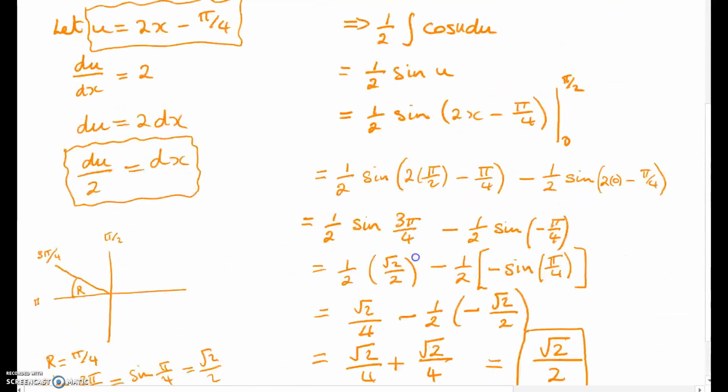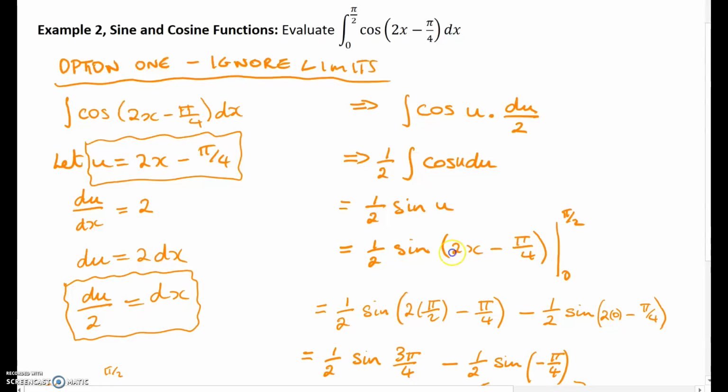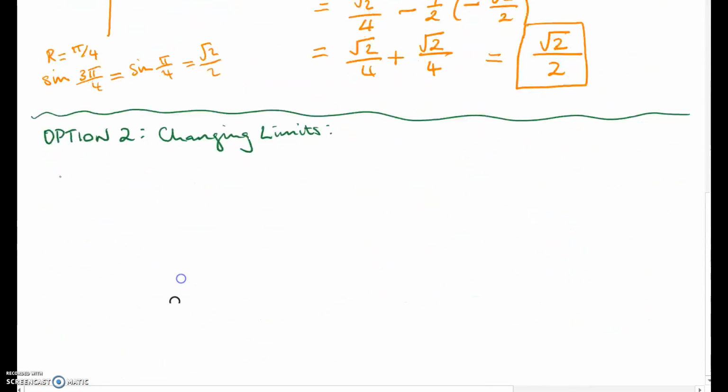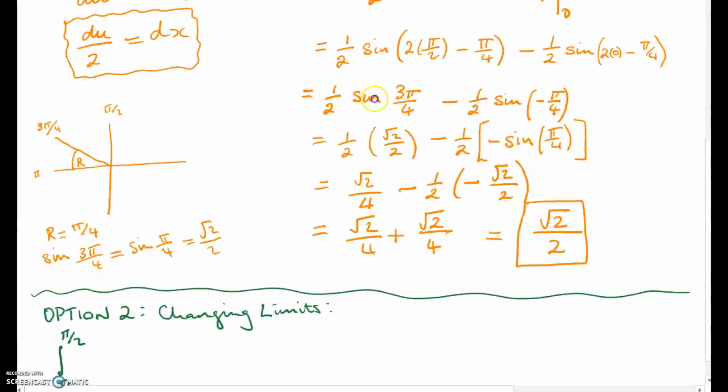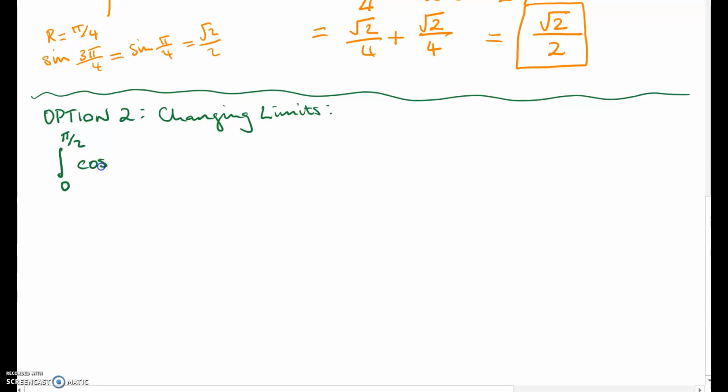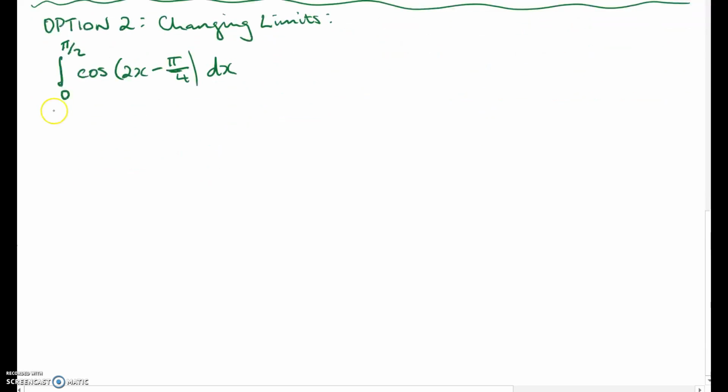So to go back to the question, it was the integral from 0 to pi over 2 of cosine of 2x minus pi over 4. Well, let's use the same substitution as above.